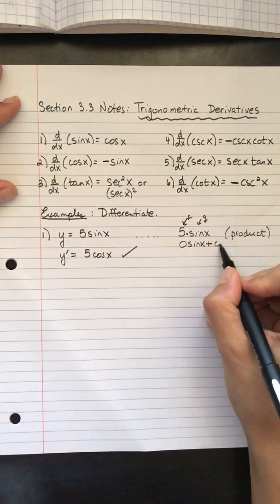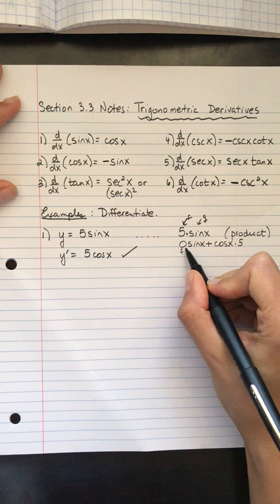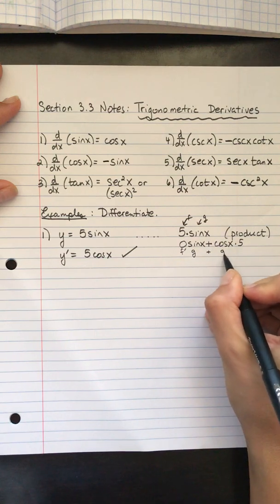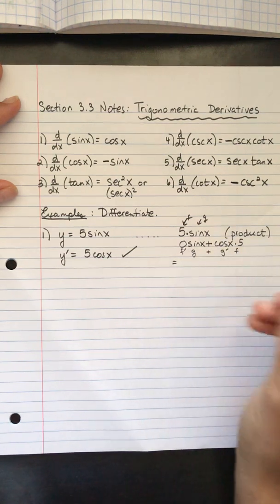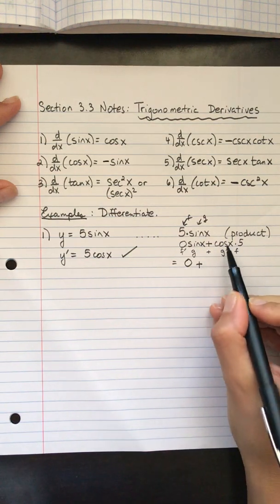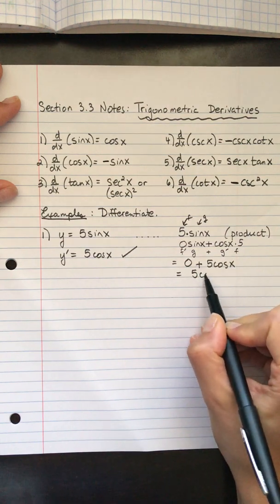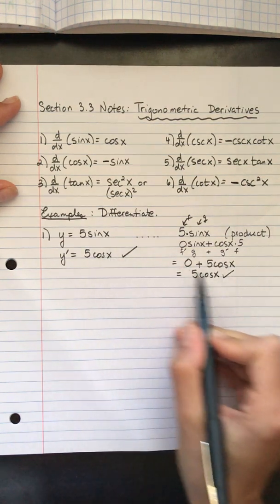It's cosine, times f. So f prime g plus g prime f. And if you look, 0 times sine is 0, plus 5 times cosine is 5 cosine, 0 plus anything is itself. So there it is.